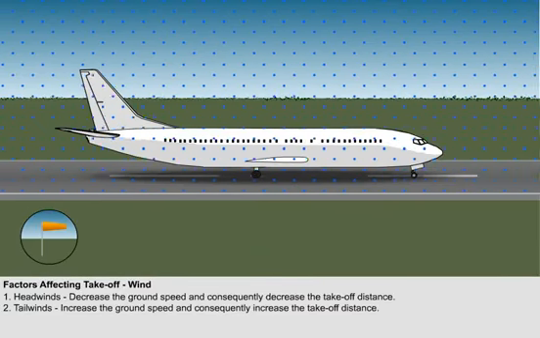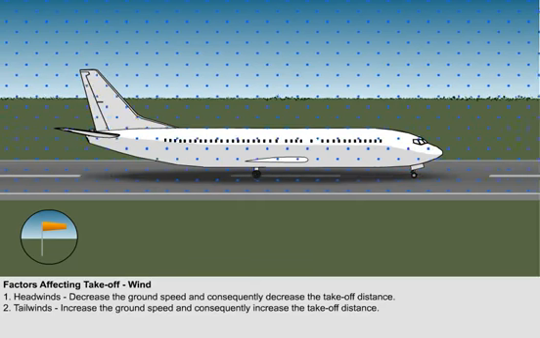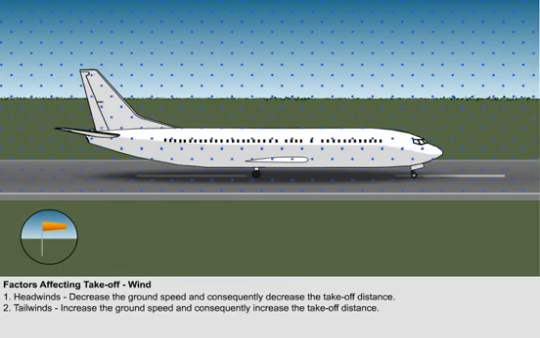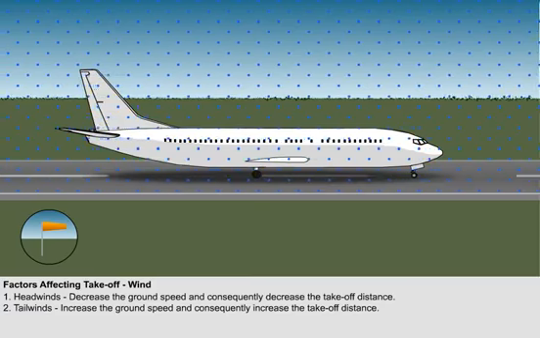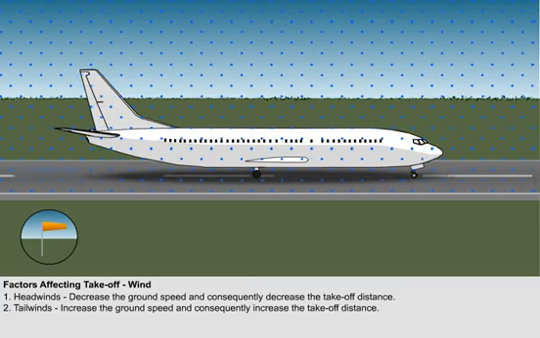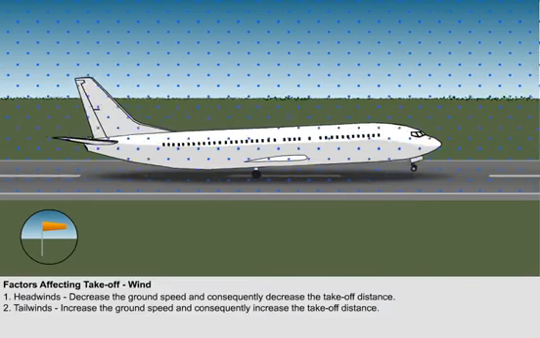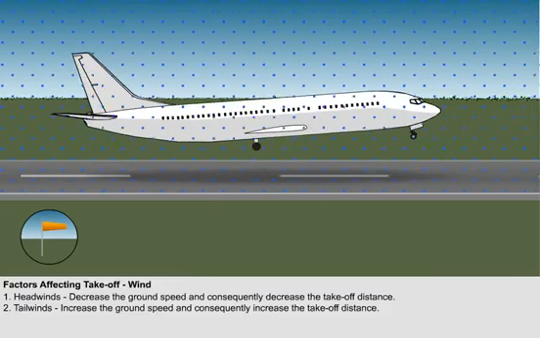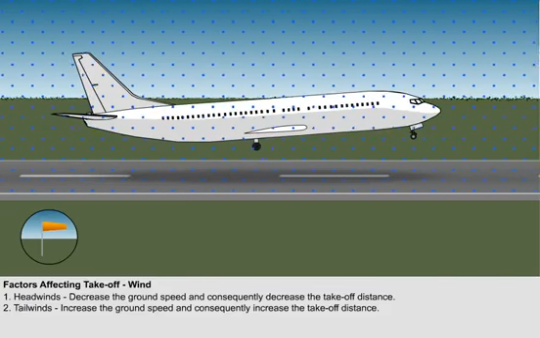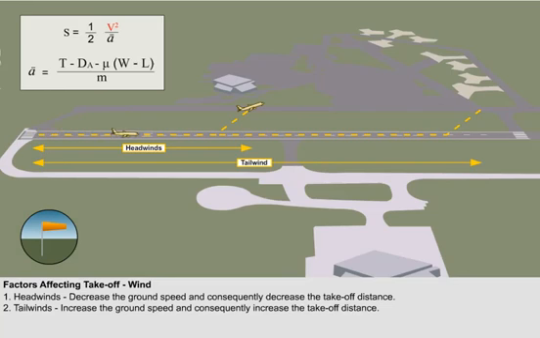A tailwind will increase your ground speed for any given indicated airspeed. Because to get the air to flow rearwards across the wing, the aeroplane must first match the speed of the wind and then move considerably faster than the wind in order to ensure enough lift is generated by the wing. Accelerating to this higher ground speed will increase the takeoff distance.